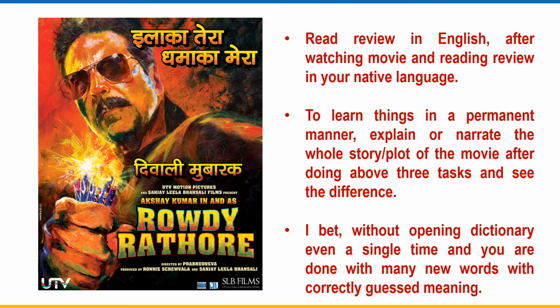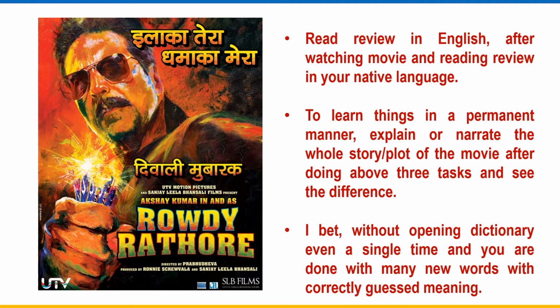On the left, I have given the poster of one of the best Bollywood movies, Rowdy Rathore. The protagonist or the hero in this movie was Akshay Kumar, also known as Akki. So always try to read all the posters, banners, flags, anything you come across on roads, theater, malls, multiplexes, schools, colleges, offices.